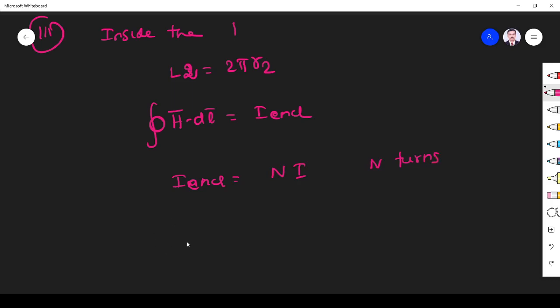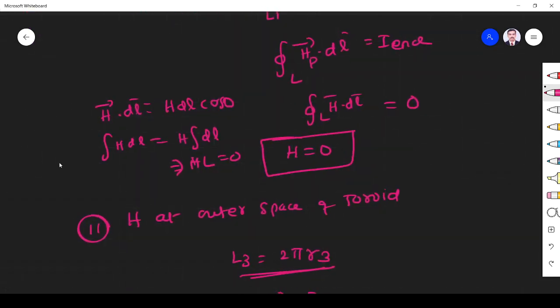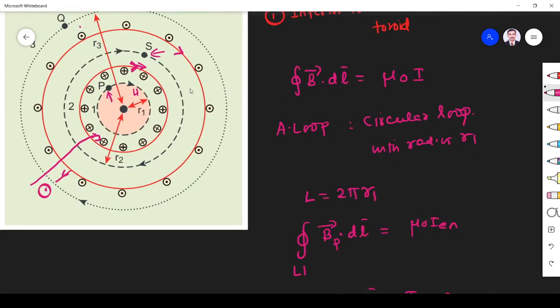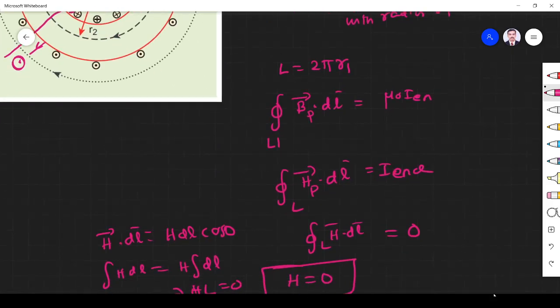So I can write H dot dl at loop 2 is equal to NI. All through the loop, this is the loop, you see this is the dl direction. dl is aligned with the magnetic field. So H and dl are parallel.